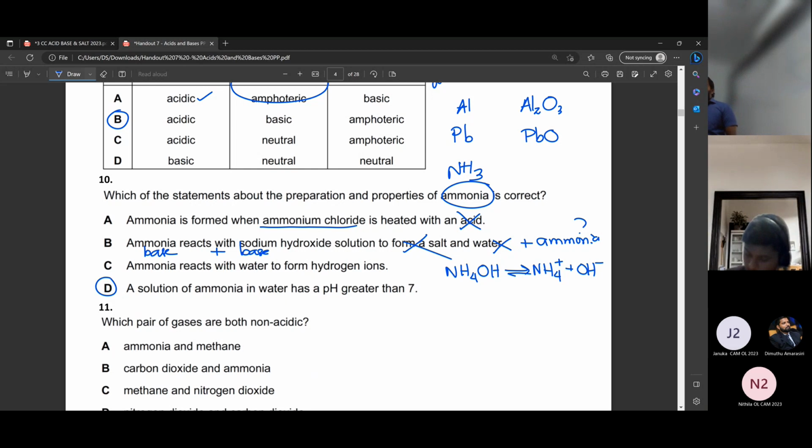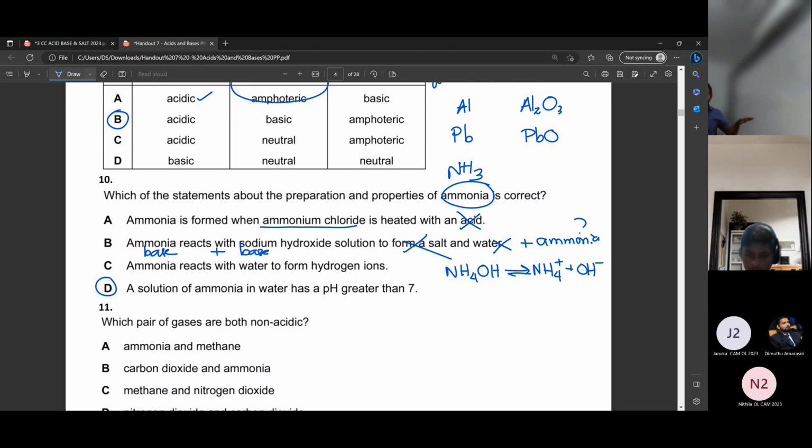So in the revision class, I told you a way of handling questions. What do you call it? Scanning. Scanning means before you go into in-depth analysis of each statement, first scan the answers. Scanning the answers means just read them fast. It doesn't mean that you are going to decide.